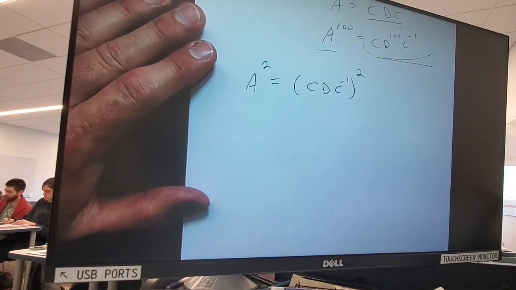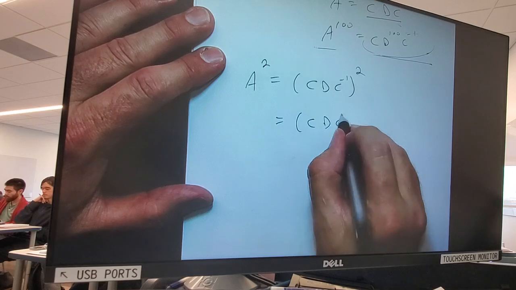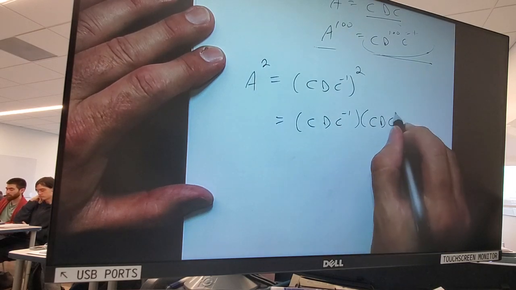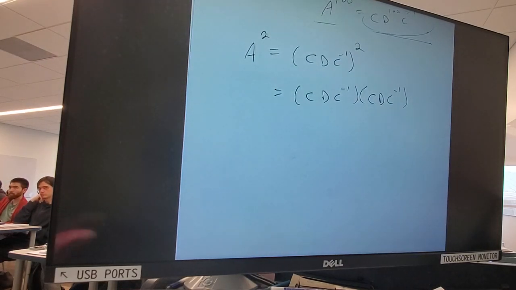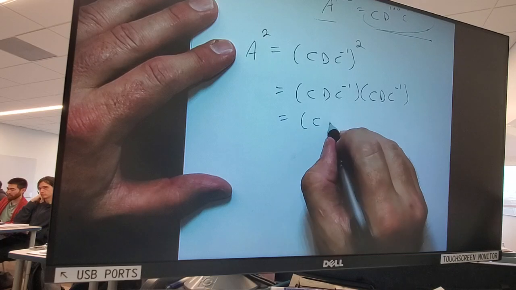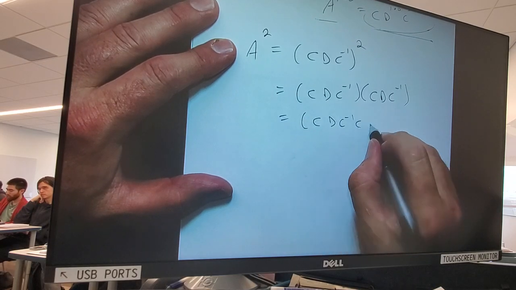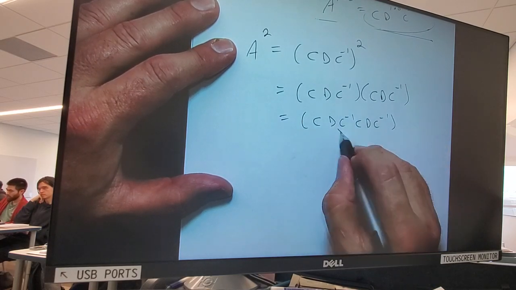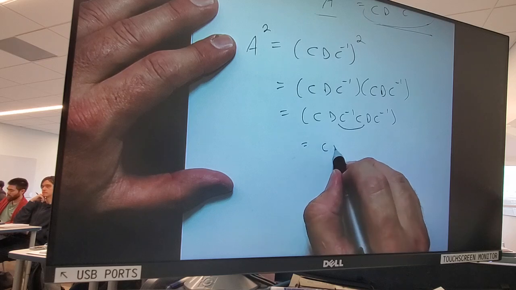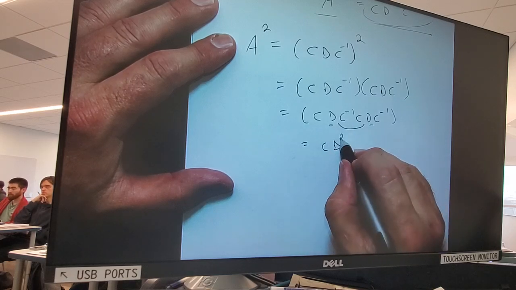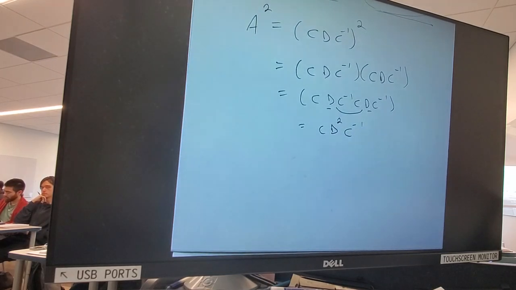And then I could just write this. Is that cool? Then you get all this nifty collapsing happening, yes? These become 1. D times D is, and then if you want to do 100th power, you just do that 100 times. So that proof kicks ass.